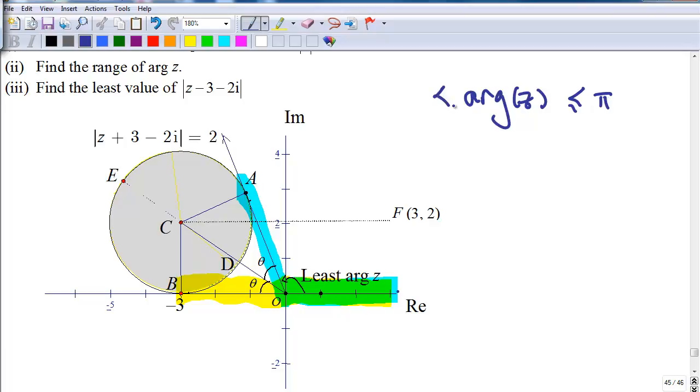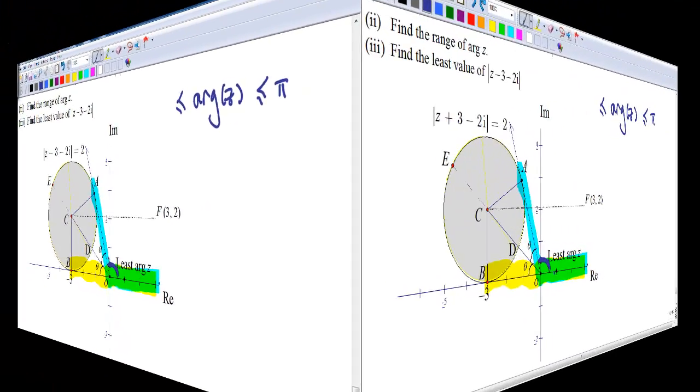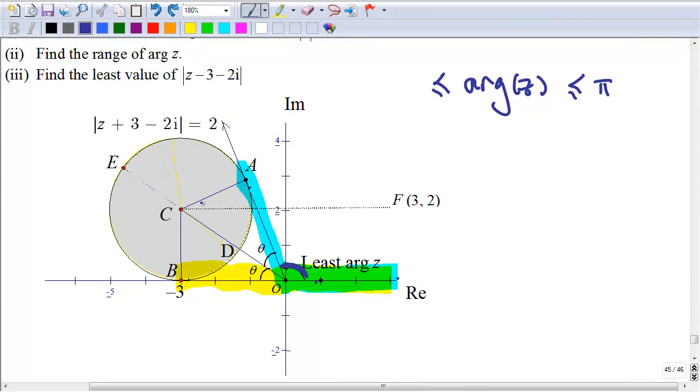Now on the other side, I need to find this angle. How do you find this angle? Let's just consider this triangle CAO.